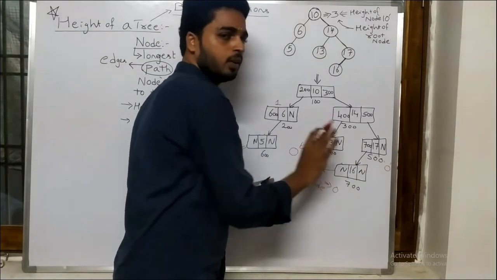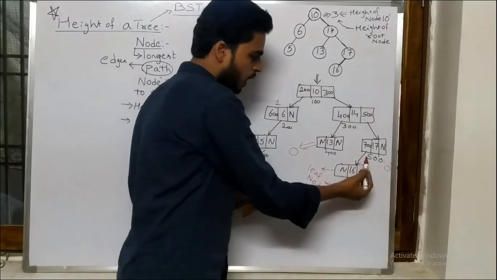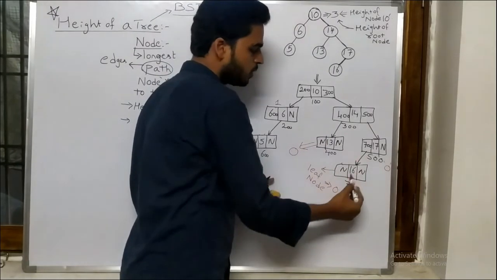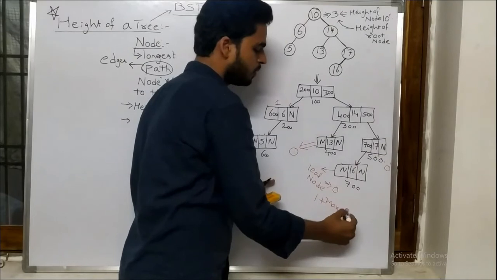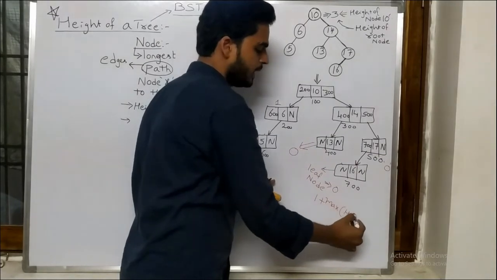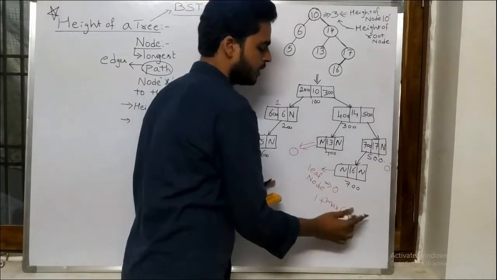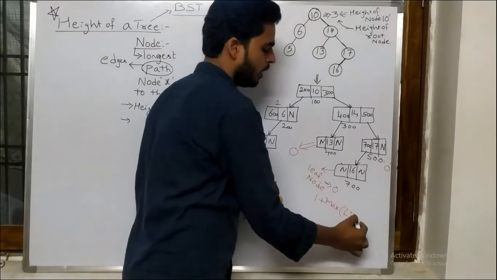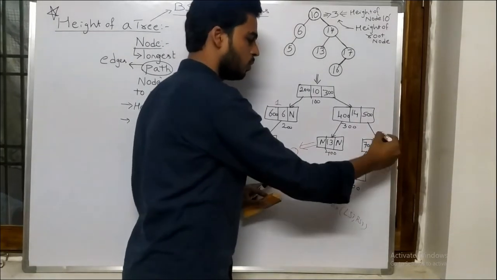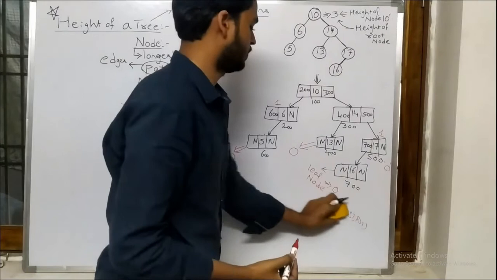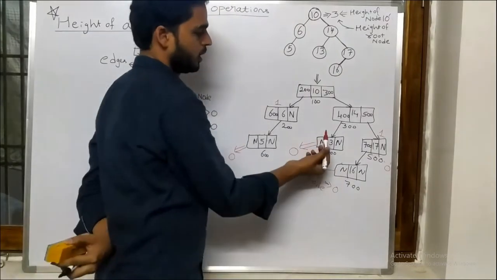But there is some value. So we are going to find 1 plus the maximum of the height of the left subtree or the height of the right subtree. What is 1 plus 0 or 0? 1. You can understand.